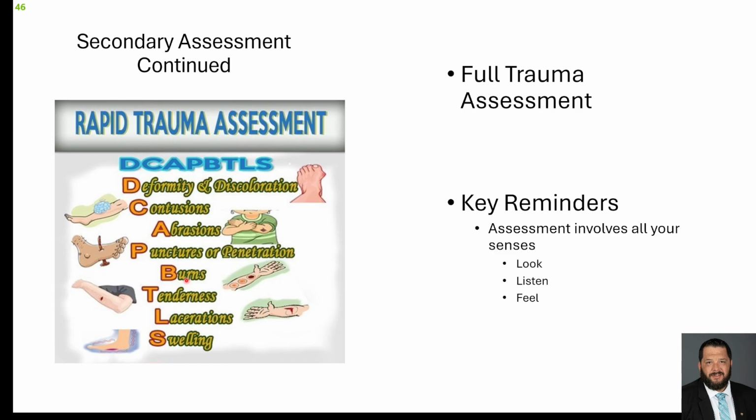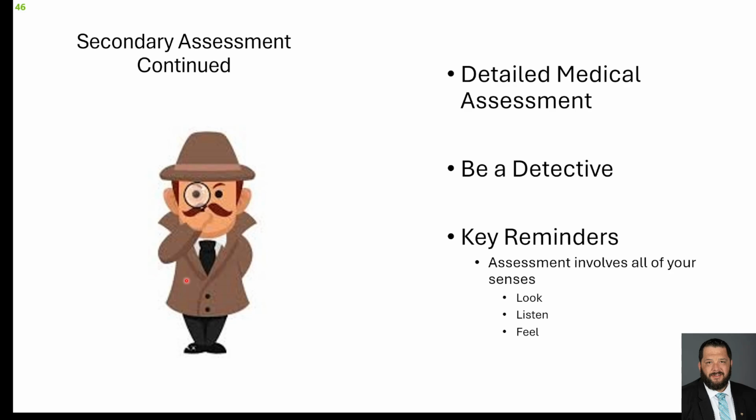Okay, your detailed medical assessment, these are things where you're going to really be a detective. So based on the information that you've gotten from the history of your patient, you're going to try and start looking for causes or corollary assessment findings that support your field diagnosis, your thesis, right?